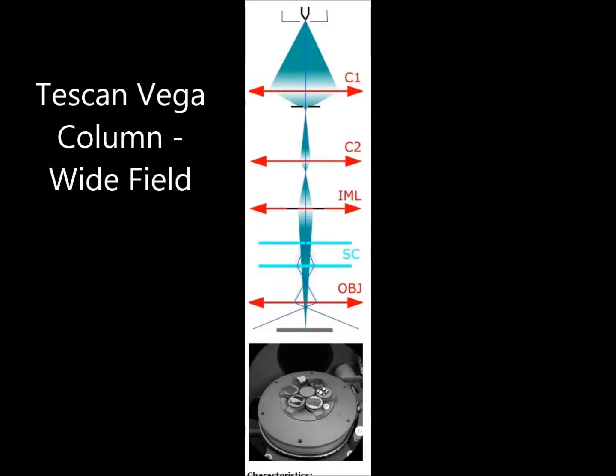Next on the list would be wide field mode. Wide field mode uses the intermediate lens for focusing the electron beam while the objective lens is excited at a high value. Highly excited objective multiplies the deflection of the beam. The aperture of the beam is very small and the depth of focus is very high. The intermediate lens centering coil serves for minimizing the image shift when focusing.